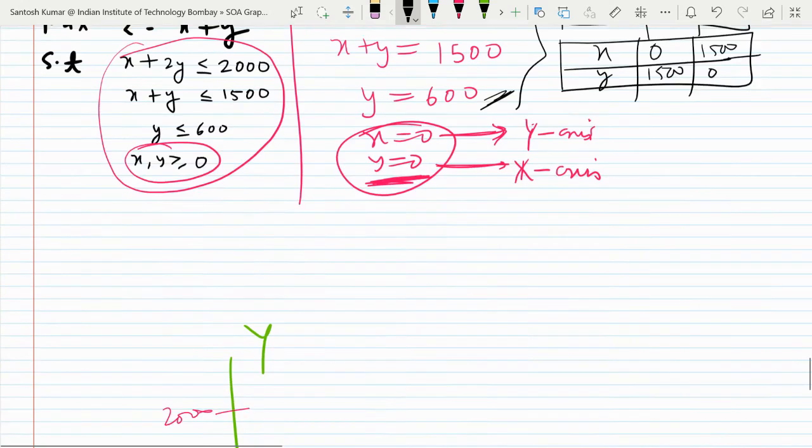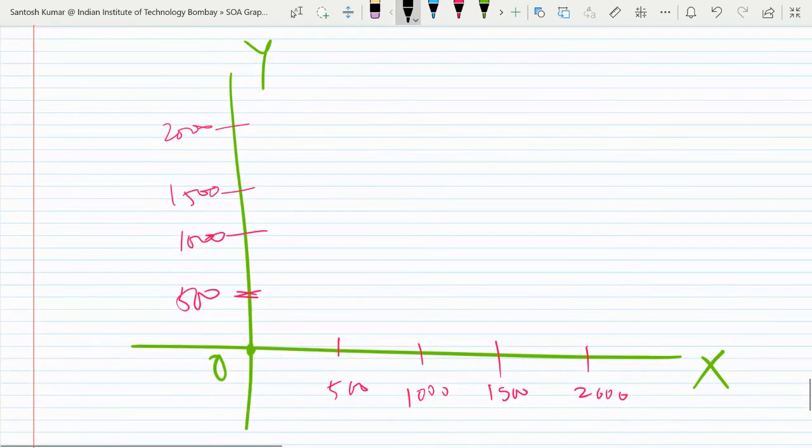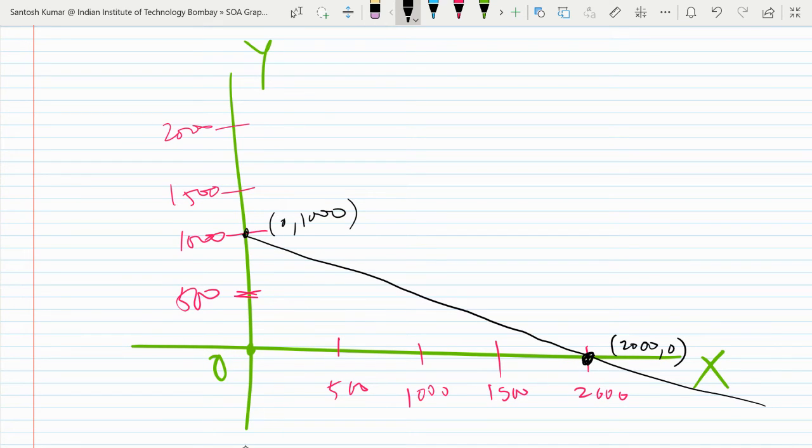Let's draw the graph. The first line's points are (0, 1000) and (2000, 0). So 2000 is this point and 1000 is this point. You join them with the scale. The name of this line is x plus 2y is equal to 2000.